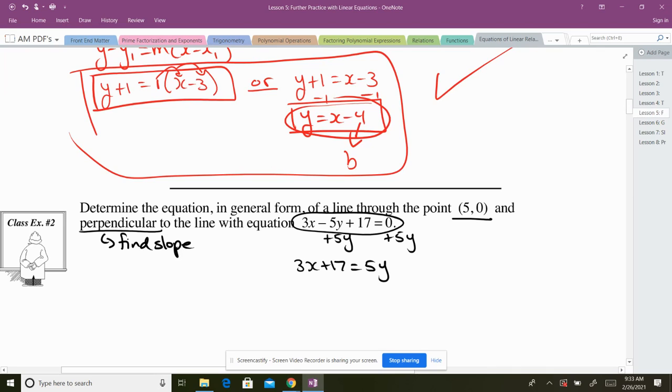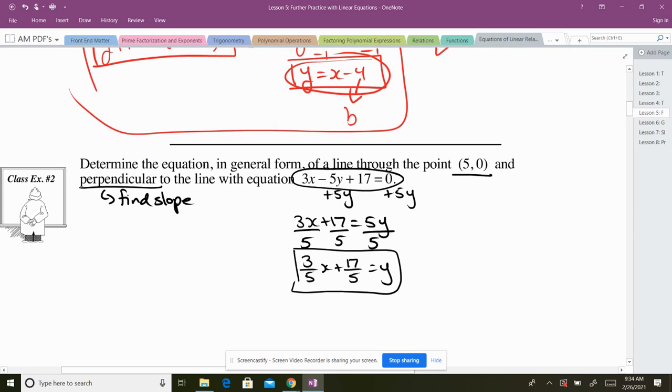What do I do then? Divide off the 5. Don't write anything as decimals, leave them all as fractions. Okay, so here's the equation of that line rewritten in mx plus b form.